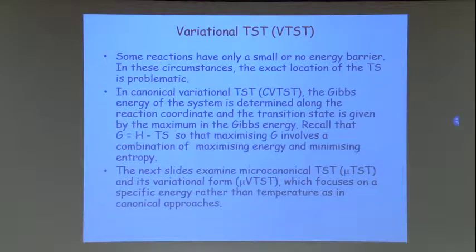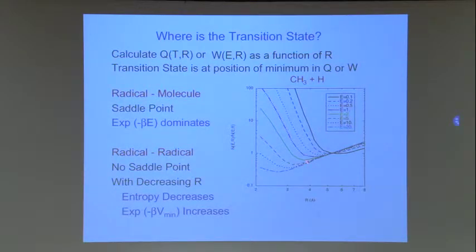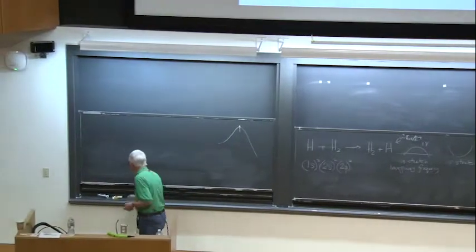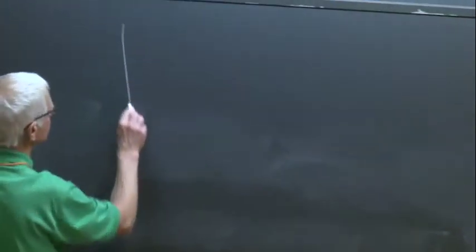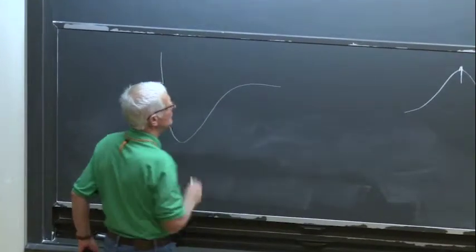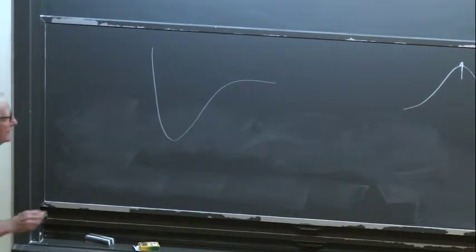So the next slide examines microcanonical transition state theory and its variational form, which focuses on specific energy rather than temperature, as in the canonical approach. So this is CH3 plus H. And this reaction is occurring on a potential energy surface that looks something like that.